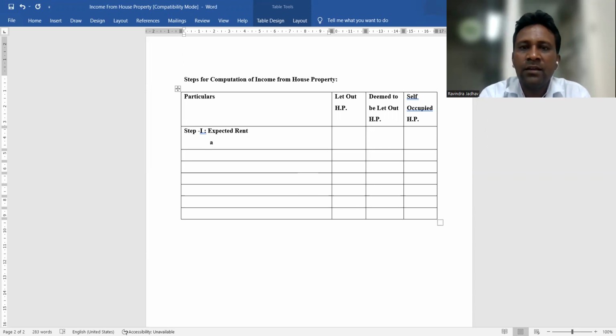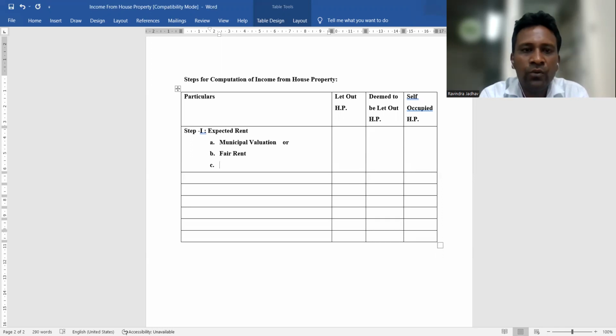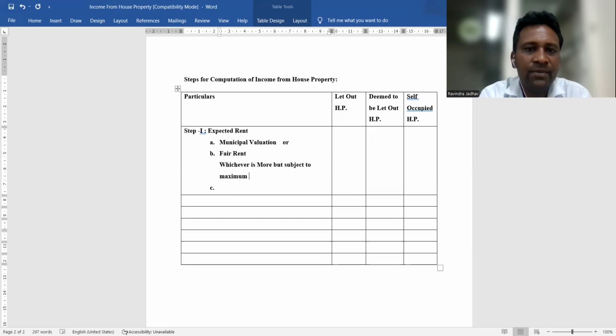or fair rent. Okay. Firstly, we put two figures, that is municipal valuation and fair rent, which is given in the problem, and we need to compare the above two figures, that is municipal valuation or fair rent, whichever is more, but subject to maximum number 3, standard rent.